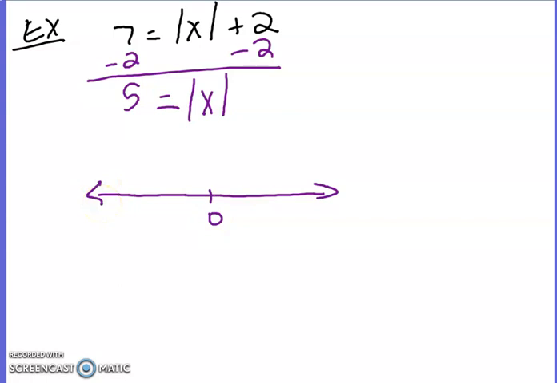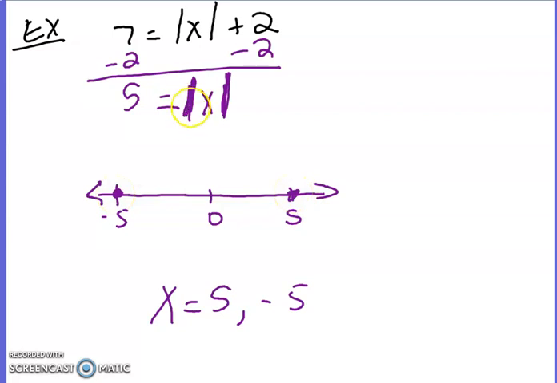The distance from 0 to 5, well, we know 5 is here, and that's 5 spaces away. But so is -5. Remember, the absolute value means distance. So the distance is 5. That means the answer actually could be 5 or it could be -5, because -5 is 5 spaces away from 0, and so is +5.